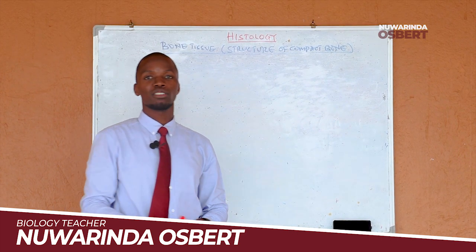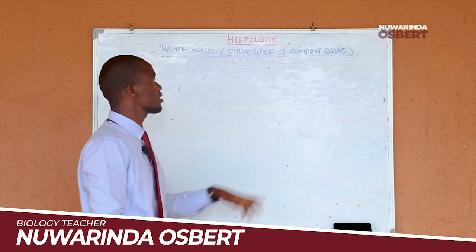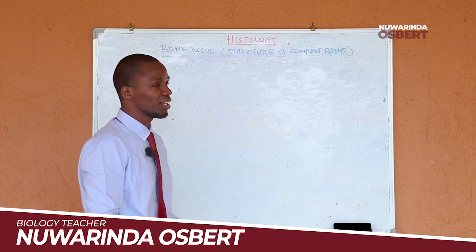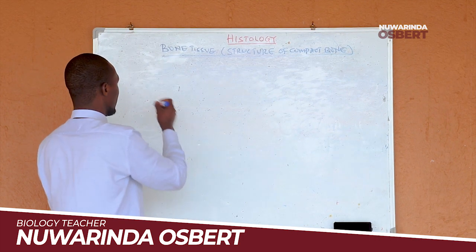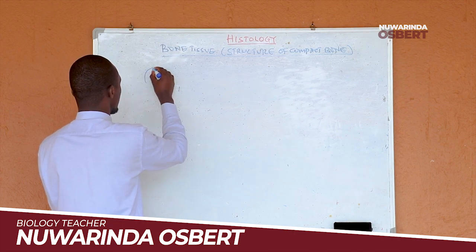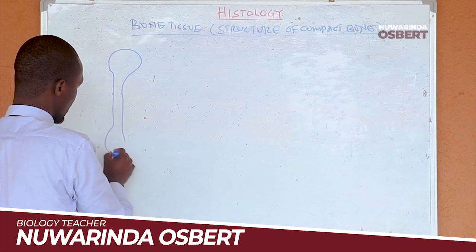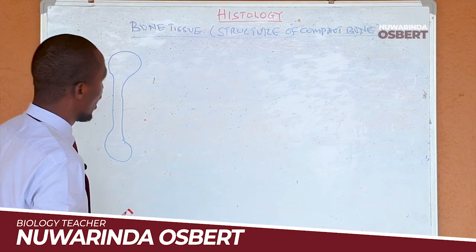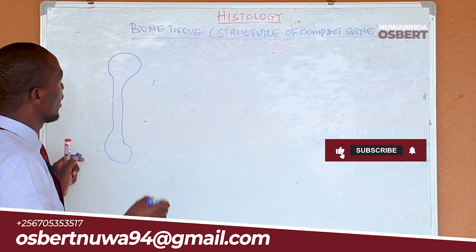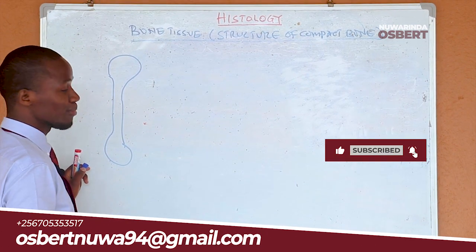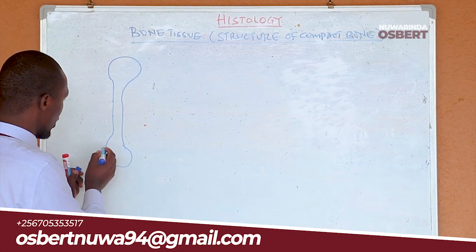Now, I've told you that compact bone is found in examples like long bones, such as the humerus and the rest. For those longer bones, you usually find them with an appearance like this, and it has some key parts that we need to know right away.